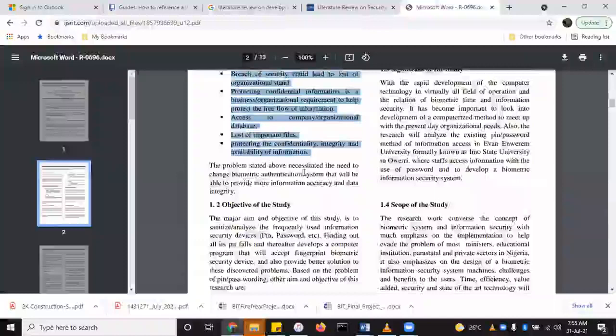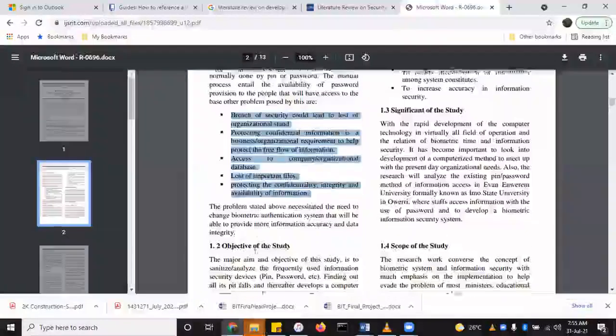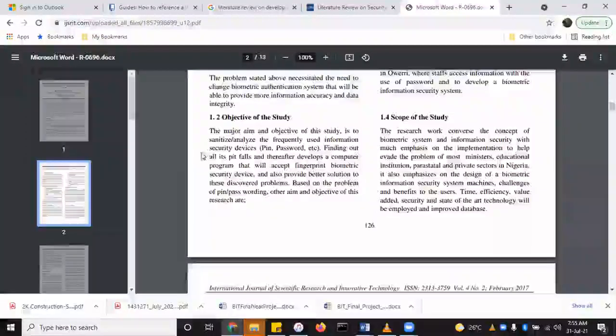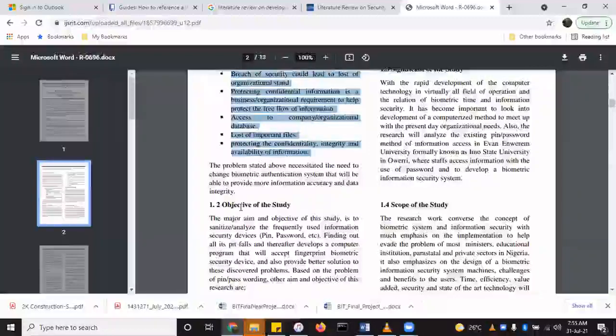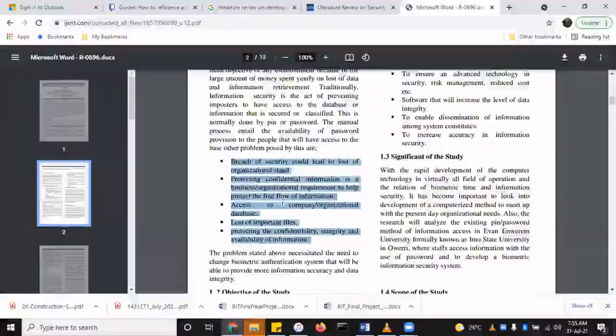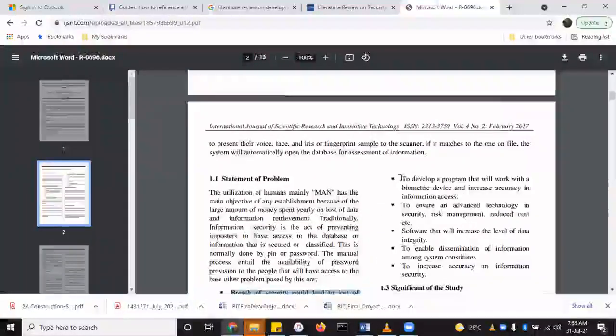Okay. Now he goes on with his objectives. So look at it. He talks about the major aim and objectives of the study, which is to analyze the frequently used information security devices, which is PIN and password, etc. Okay, this is the approach. I would have just gone straight to my objectives.